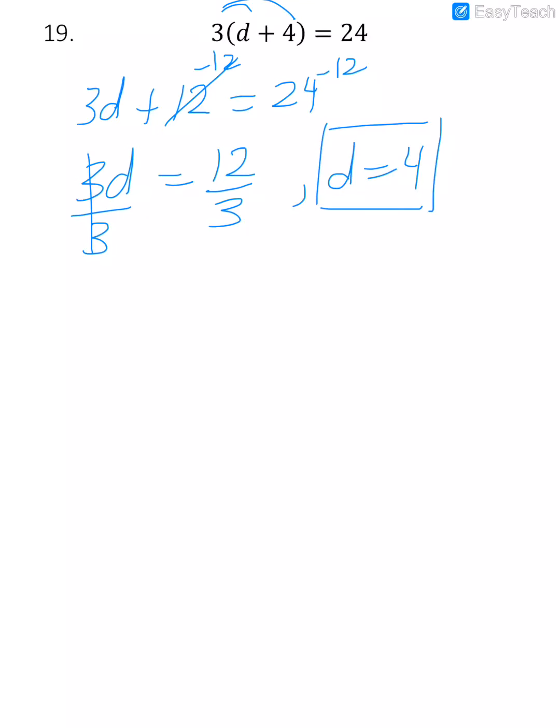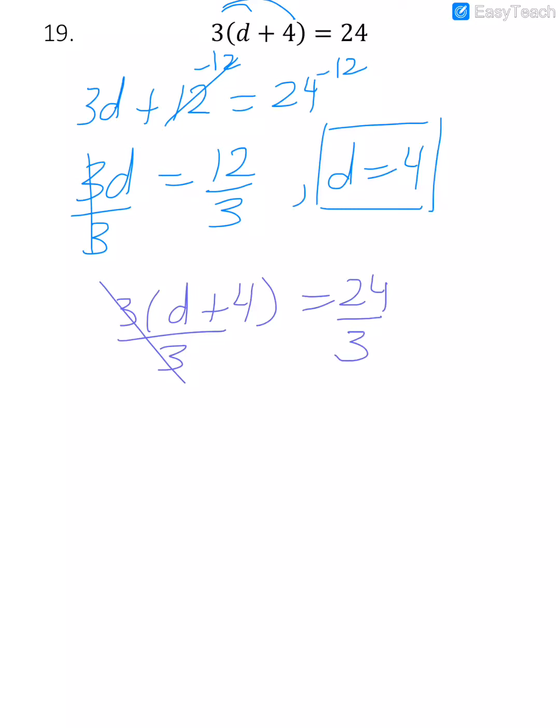Now, the other way to do it, just as a quick refresher, because we can see that 3 goes into 24 right off the bat, we can actually divide this first.